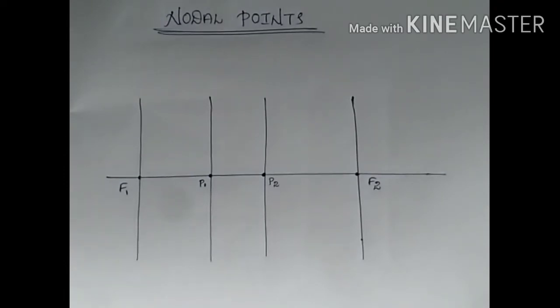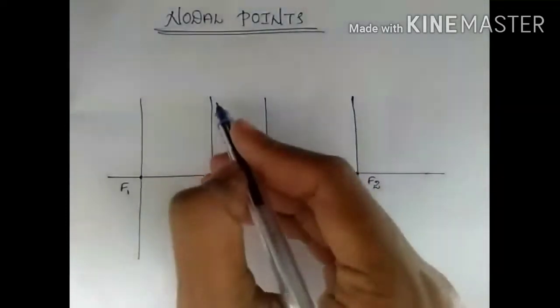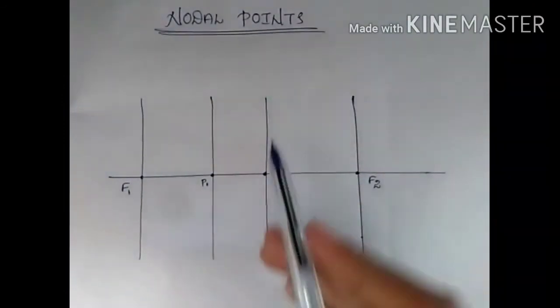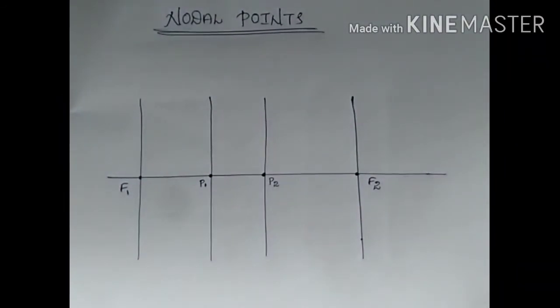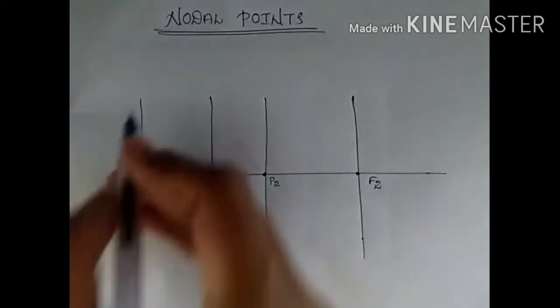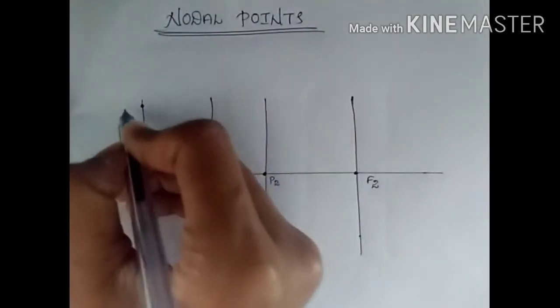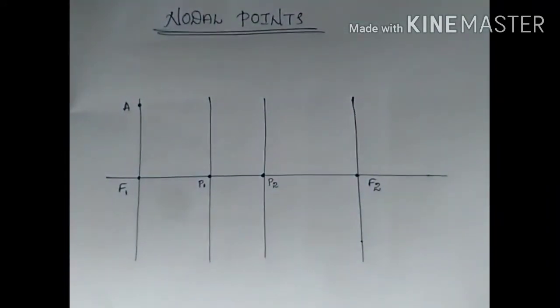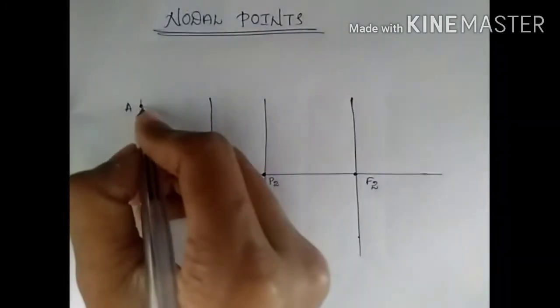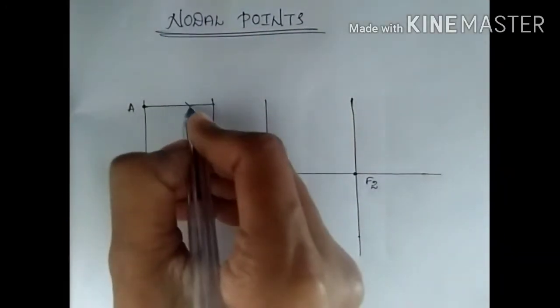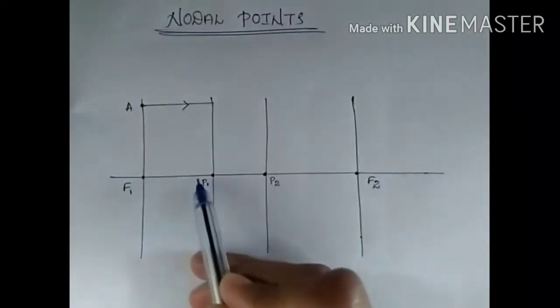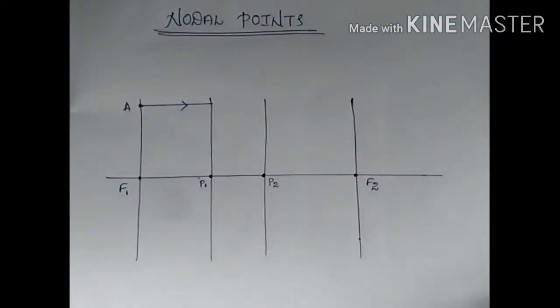With the diagram let us understand what the nodal points are. Let H1 P1 and H2 P2 be the first and second principal planes of an optical system. Now let us consider a point A on the first focal plane, and there is a ray which comes from A, and that ray is parallel to the principal axis.